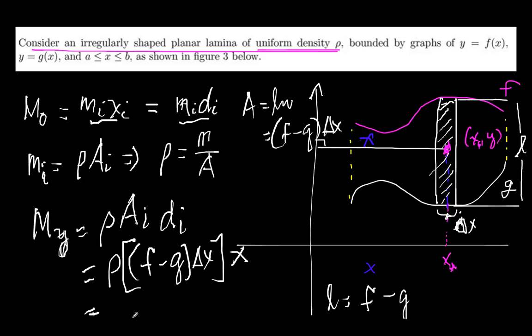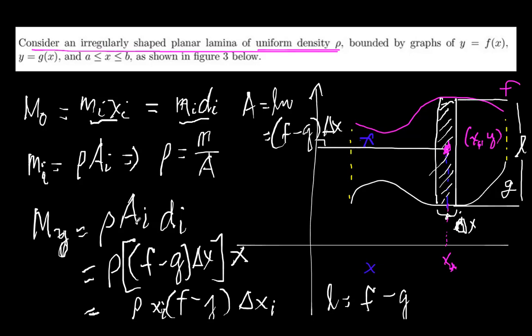That's rho times x times f minus g and delta x. This is the moment of the given rectangular representative drawn here in a given lamina. This is just one of the many, or n number, of rectangular representatives in a given lamina.